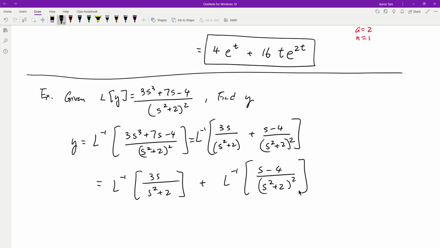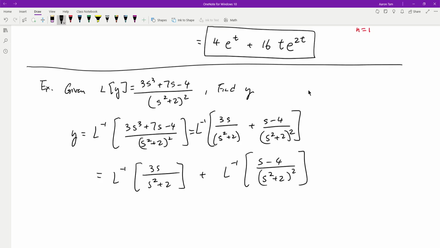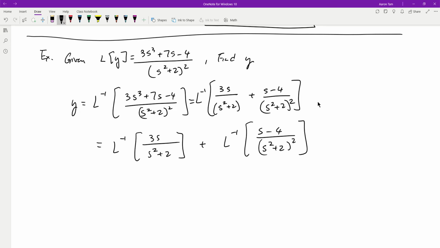Now it's just a matter of identifying the correct rule to use. Looking at the list, it seems number 6 is probably the rule we want to use for the first one.